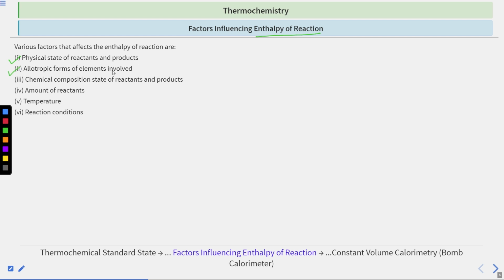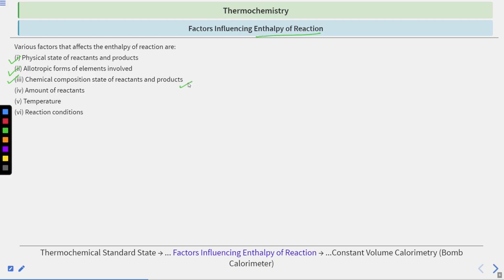Second, allotropic forms of elements involved. Allotropic forms are different structural modifications of the same element in the same physical state. If this is happening, this also affects the enthalpy of that reaction. Third is the chemical composition state of reactants and products.